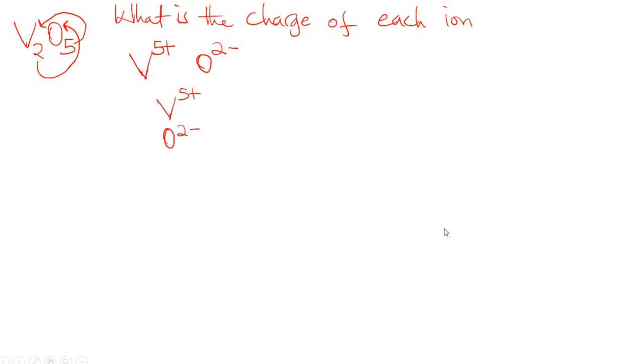You need to remember that always we have a metal and a non-metal when talking about ionic compounds. So let's also practice another atom. What about here? What is the charge of Cr?